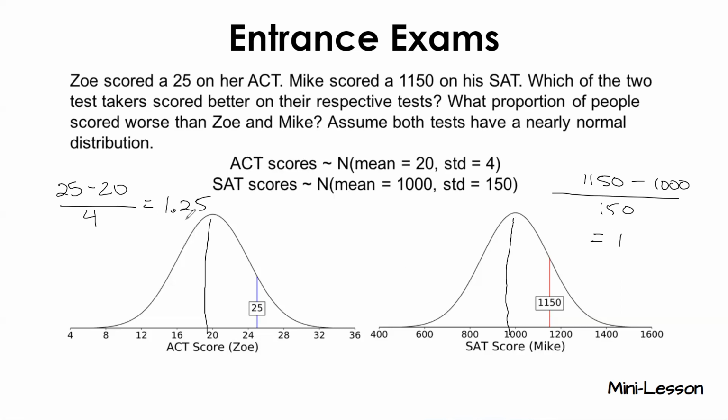Is 1.25 or 1 higher? 1.25. So Zoe scored better because she scored higher. Her score was farther away from the mean in standard deviations than Mike's was.